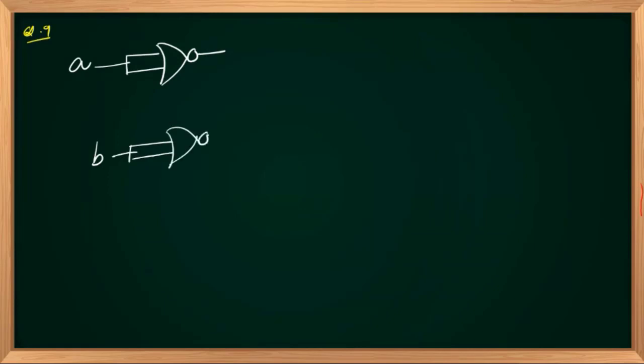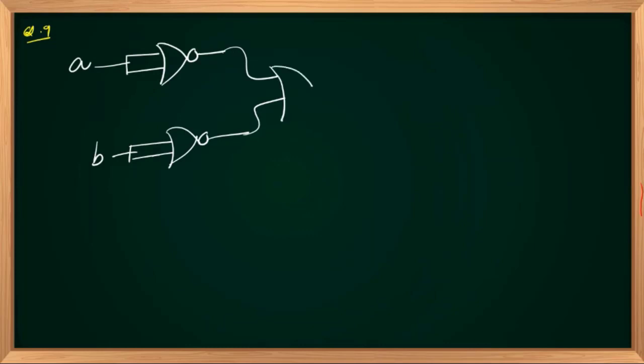Okay. Question number 9. Let's have another small network of logic gates. This is my NOR gate with inputs A, B. This is also a NOR gate, right?